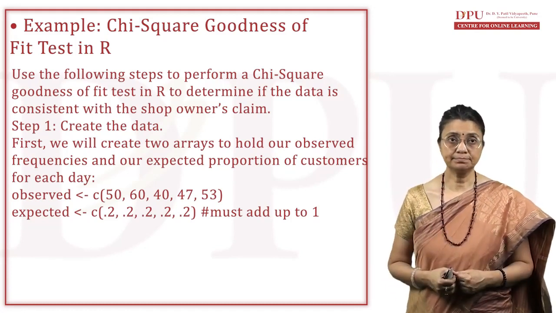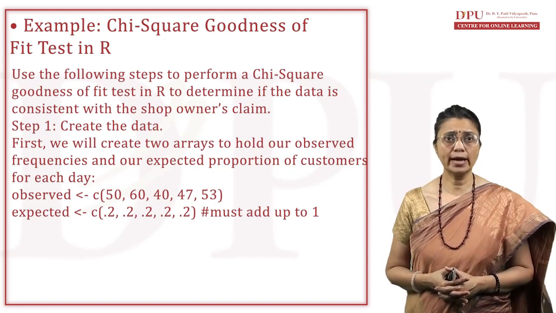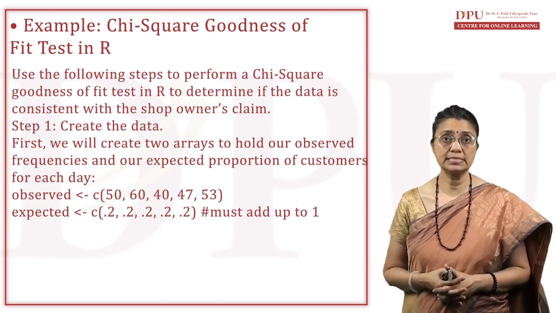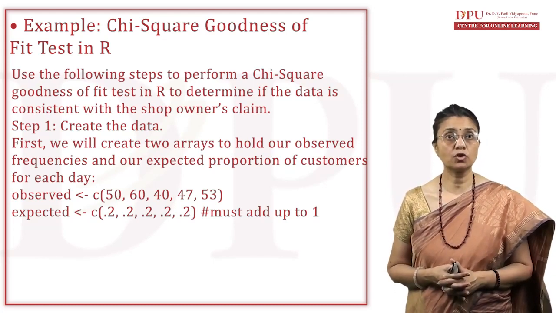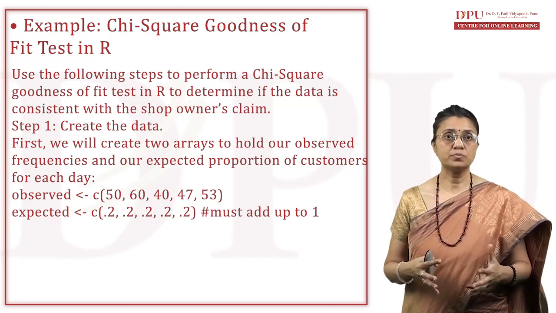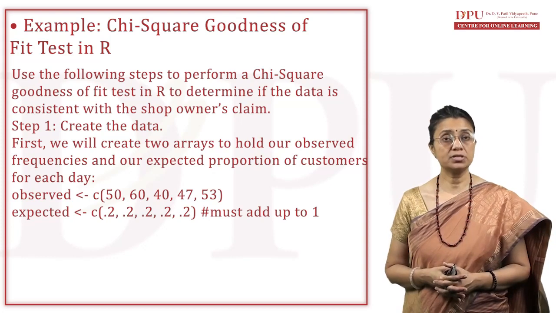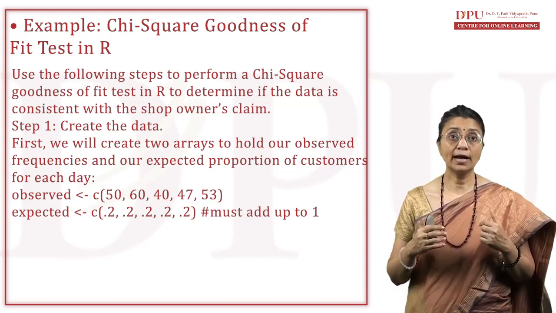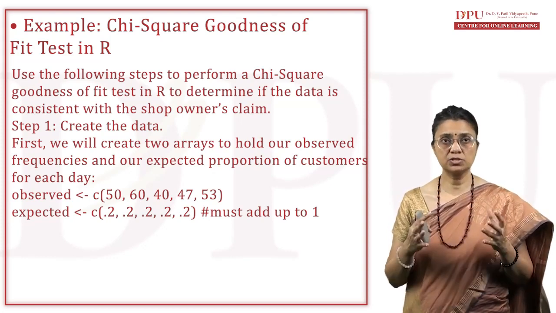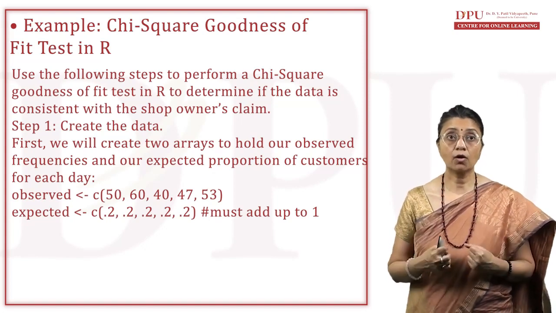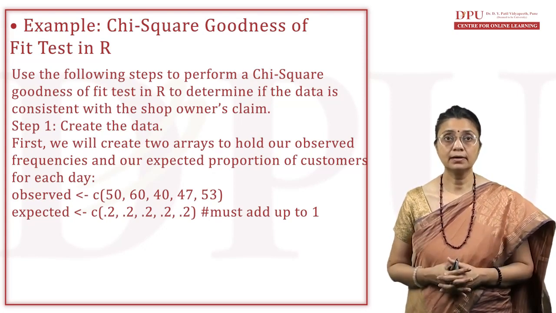First, create the data. First, we will create two arrays to hold our observed frequencies and our expected proportion of customers for each day. So observed is 50, 60, 40, 47 and 43. Now why are we calling it observed? Because this is the data that we have recorded. And what is expected?